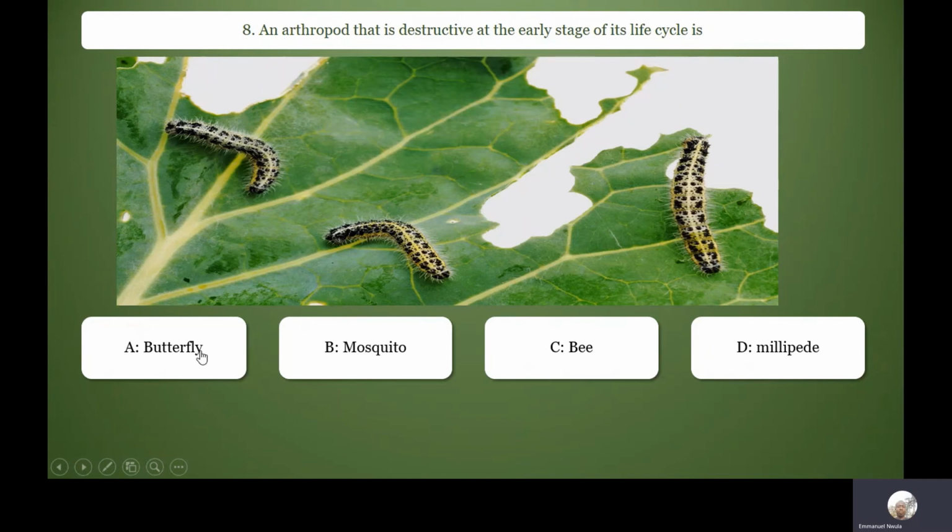The egg hatches to larva, and the larva of the butterfly is caterpillar. Caterpillar is very destructive. It feeds on leaves, can destroy a vegetable farm. So the larva of butterfly, which is caterpillar, can be very destructive. So the correct option here is A.